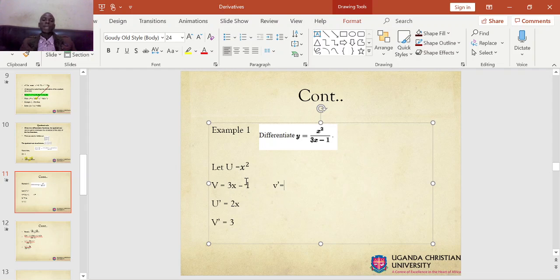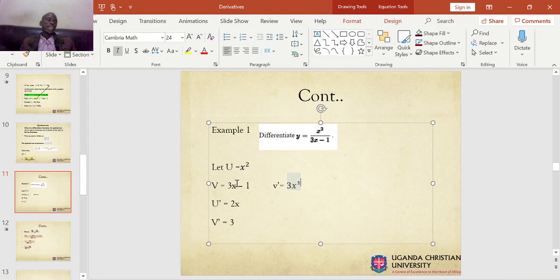Like I told you earlier, 1 is a constant, and the derivative of a constant is always 0. So then we have 3x to the power 1.